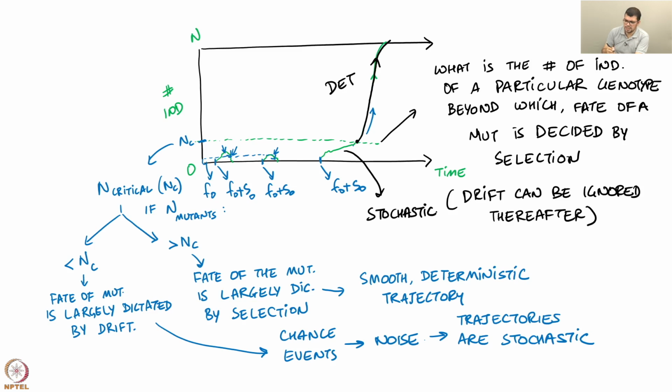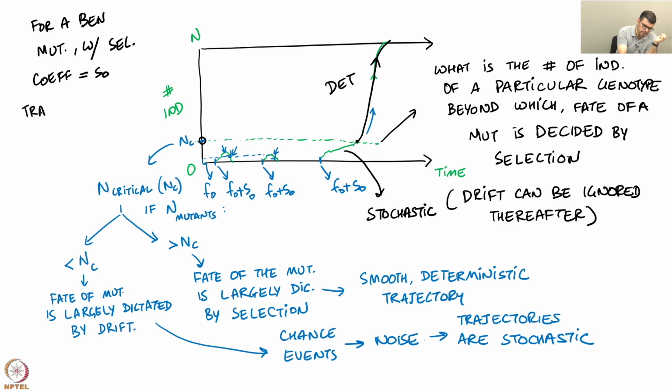People have worked this out mathematically, and what is believed is that for a beneficial mutation with selection coefficient S naught, the trajectory is largely deterministic if its numbers are bigger than 1 by S naught.